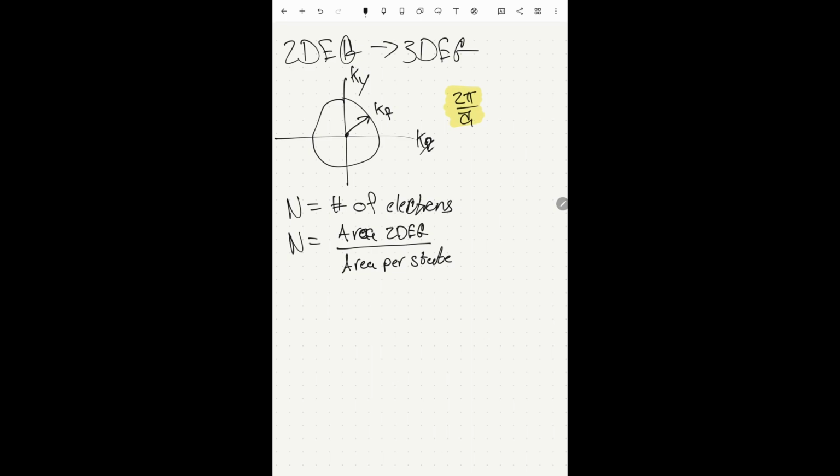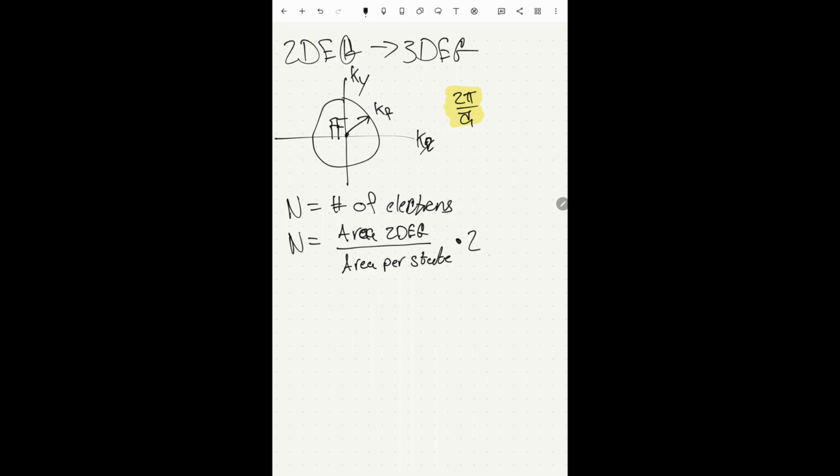If we go back up to my drawing here, each state is like one of these boxes I'm drawing. So if we take the number of boxes that fit in the circle, we find the number of states we have. That's great and all, but that's not quite the number of electrons. The number of electrons is twice the number of states.